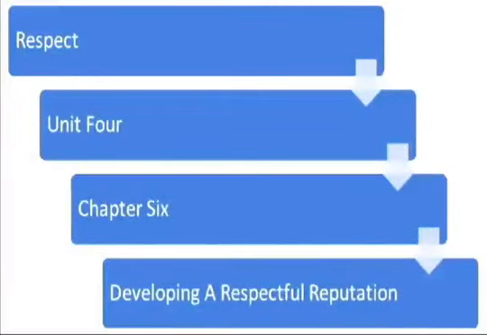We're going to be continuing in the respect unit here. We are actually in chapter 6, developing a respectful reputation, and we've been in that chapter for some time now. We're almost done, but if you're following along, we're in procedure 5. We did read that last class just to give you an idea as a teacher, because you need to know.